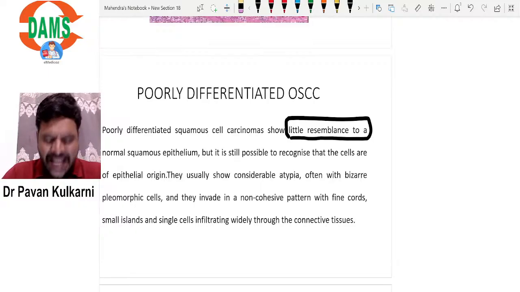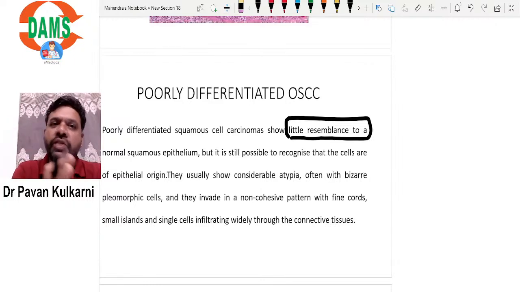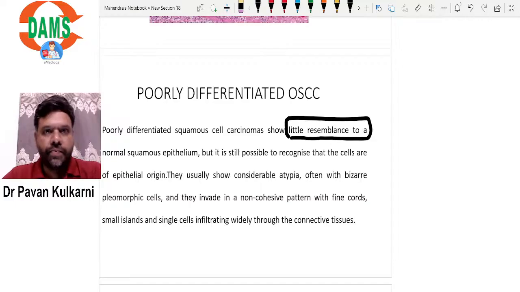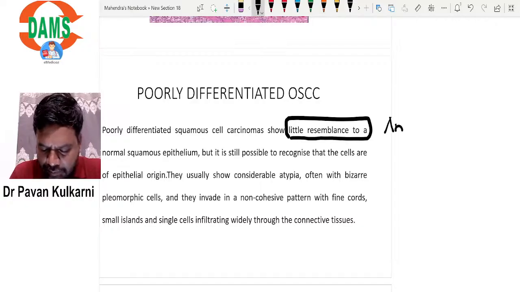Differentiation means extent of resemblance. More differentiated means well differentiated. If resemblance is not there at all, you call it anaplasia. Anaplasia is nothing but lack of differentiation.